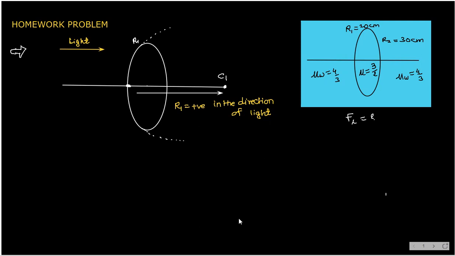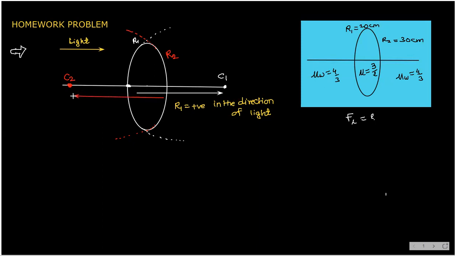Now see here, this is R2, and this is the sphere, and for this sphere this is the center of curvature, C2. Now in this case, when you are measuring the distance, you are measuring in this direction.